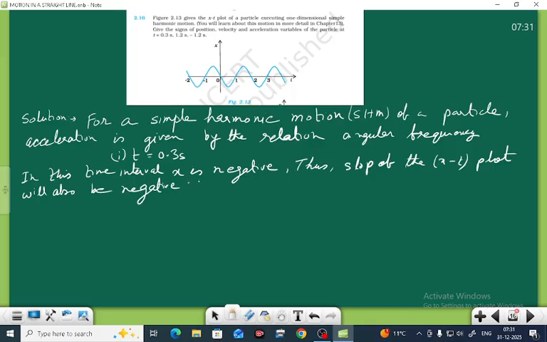However, in equation 1, here the acceleration is positive.